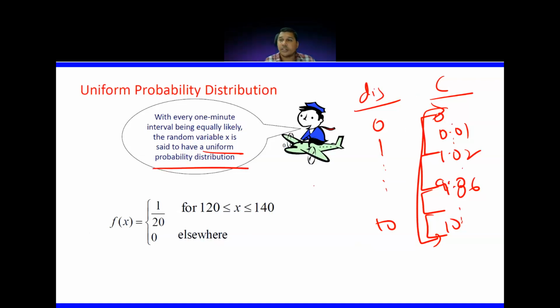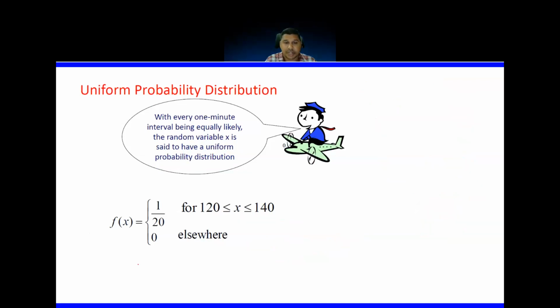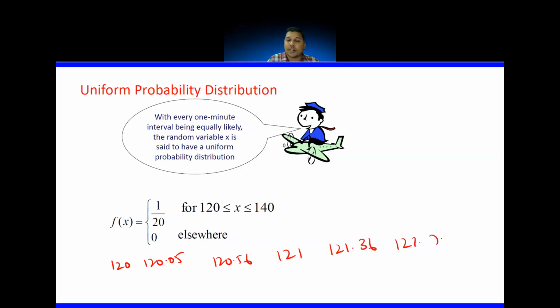It means for this variable x, the time 120 to 140, if you take one interval, 120 to 121 minutes, assume flights have timings like 120, 120.05, 120.56 seconds, 121, 121.36 seconds, 121.57 seconds, and so on.